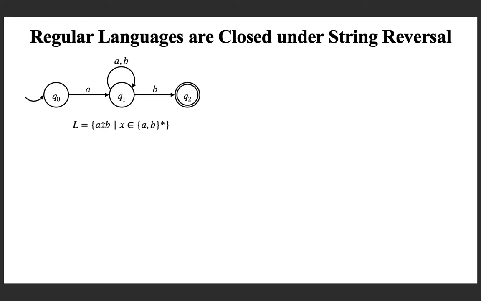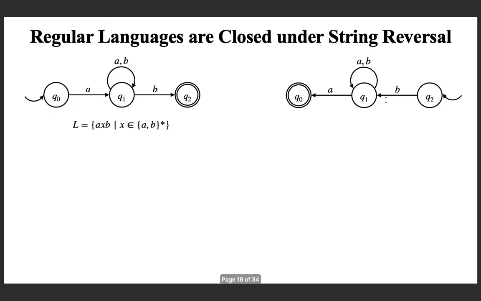Now consider another automaton which is obtained from this. Can you tell me what I did to obtain this automaton from this? Exactly the same set of states. What I did is, I did three things to obtain this. First thing is, I reversed the directions of the edges in it.